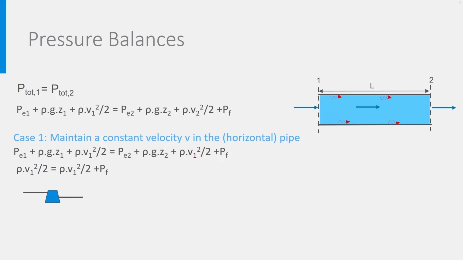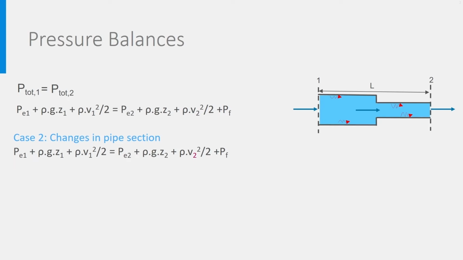So, either the velocity at point 2 will decrease below V1 to compensate for PL, or we need to add pressure at point 1. And that is what a pump or a fan does. It adds the needed pressure to compensate for friction losses arising further in the pipe.